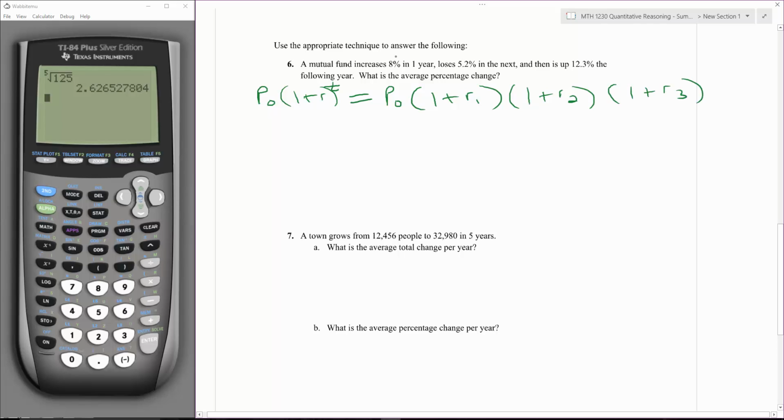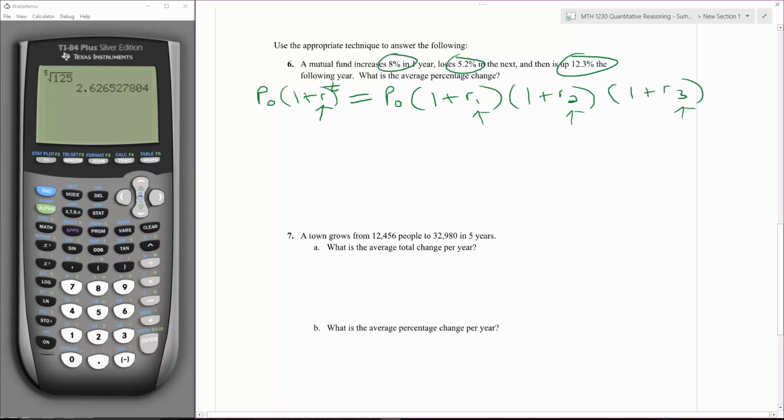Here we have 3 rates, 8%, 5.2, 12.3. These are the individual rates of each year, where this r is my average percent change, or my average rate.